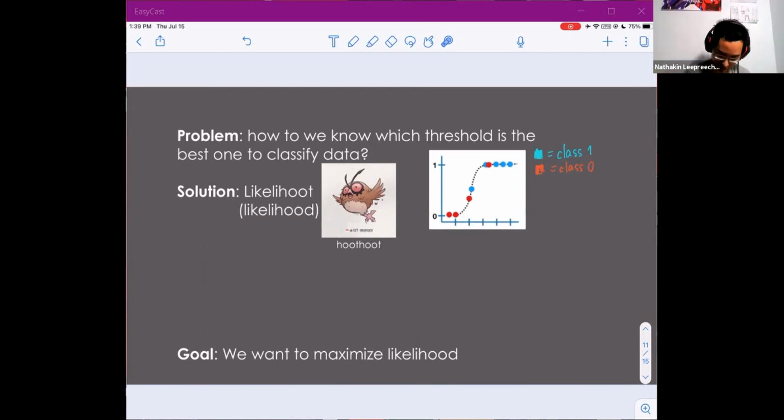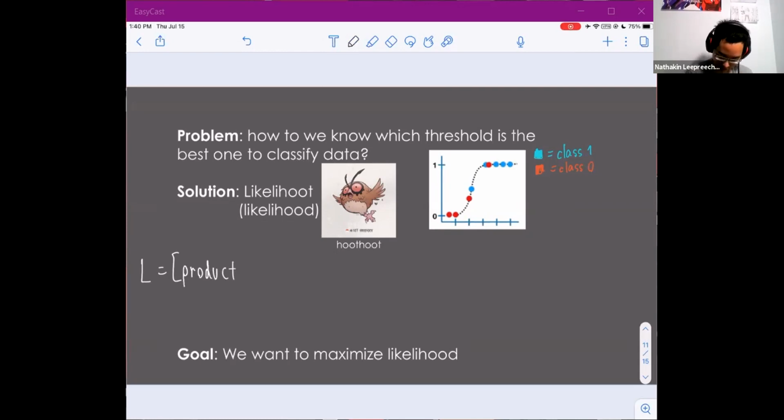This is how it works. You may see some weird notation for the likelihood, but I'll just write it down in plain English. You don't have to fully understand or memorize it. You just look at it and see why it makes sense.